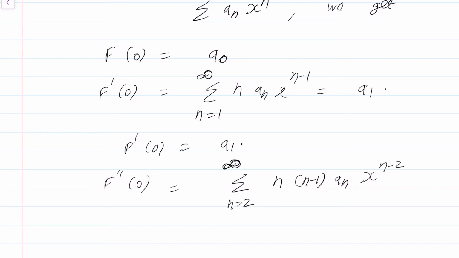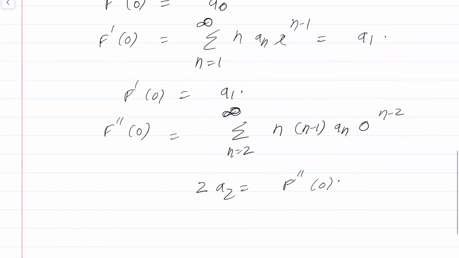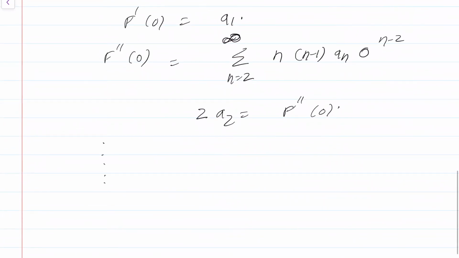And of course we have to substitute 0 in the place of x. And by our convention what we get is 2 a_2 is equal to f double prime at 0. Okay, you can see where this is going. We see that the nth derivative at the origin is nothing but n factorial a_n.